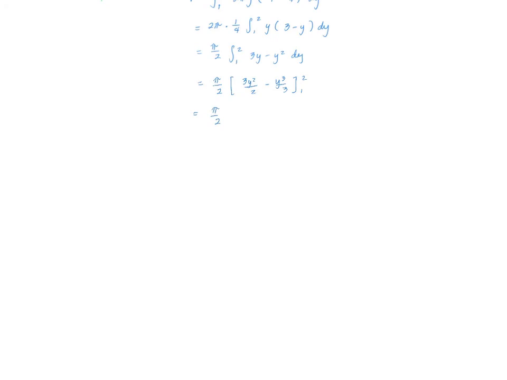So pi over 2 on the outside. Inside, if I put in 2, that's 3 times 4 over 2, which is 6, minus 8/3, minus 3/2 minus 1/3.